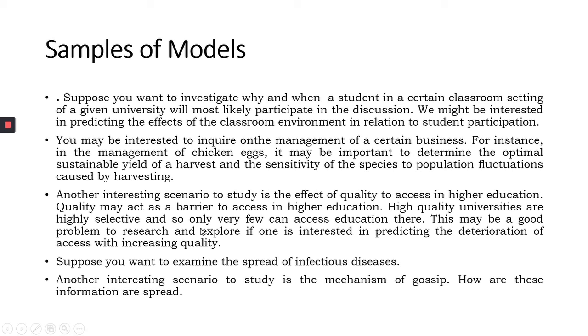If you take a look at Harvard, Harvard is known to be a high quality university, and they are known for their high rejection rate. So their rejection rate is 90%, right? Or 95%, meaning out of 100 applicants, only 5 will be admitted.